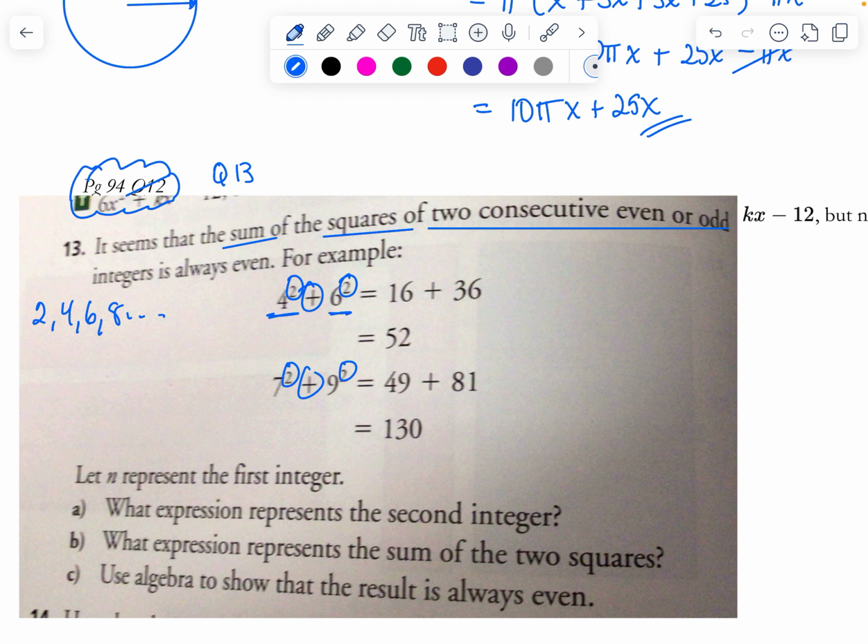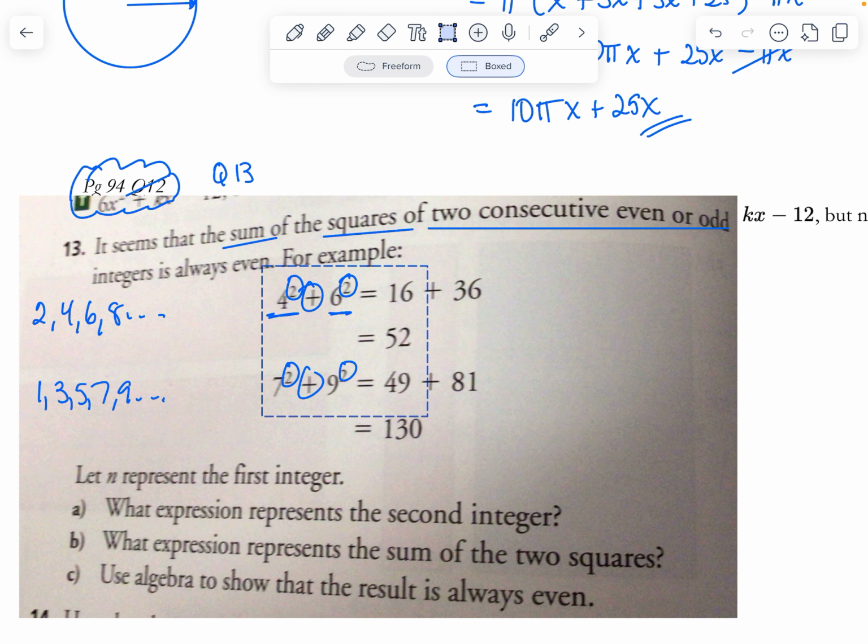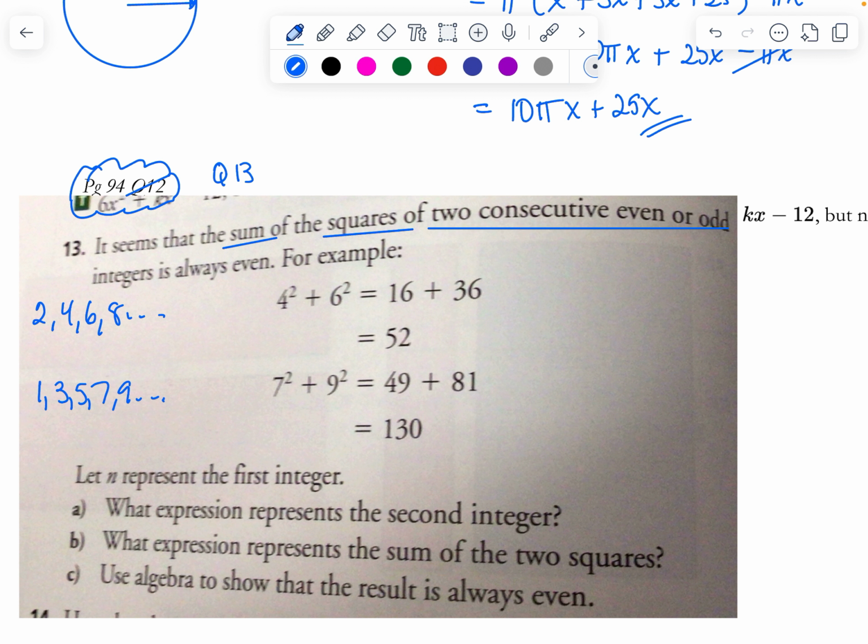So 4 and 6 are 2 consecutive even integers; 4 and 8 would not be. Then 1, 3, 5, 7, 9, etc. The consecutive integers would be ones beside each other in that order. So the words are just describing these two examples.